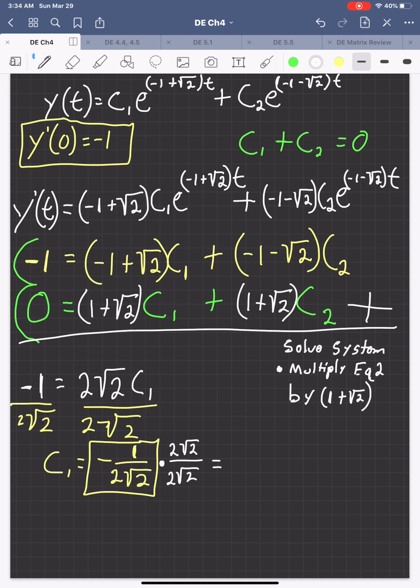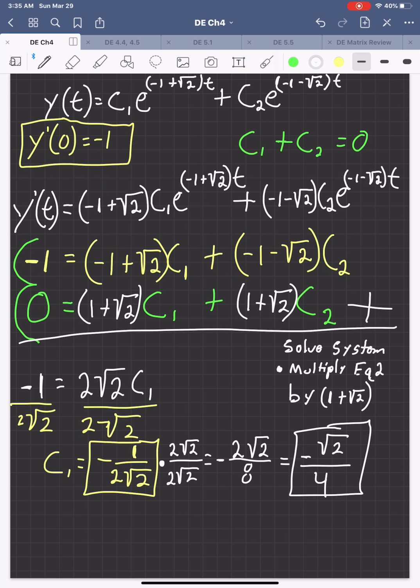So that's going to be equal to negative 2 square roots of 2 over 8. Let me not forget my negative symbol. Which you can reduce to negative square root of 2 over 4. All right.